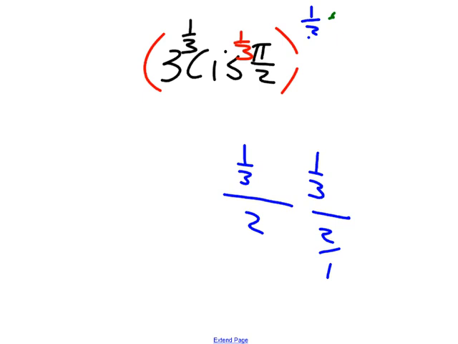And then I can flip and multiply, pi over 2 times 1/3, and that really makes pi over 6. You can do it the long way if you really want to. You can put the 1/3 on top, and then you have to do all the flipping and the multiplying, but it's all going to come out to pi over 6.